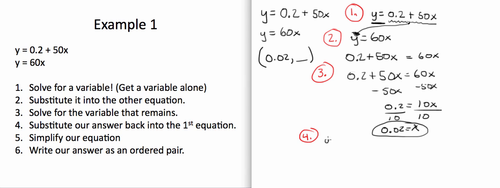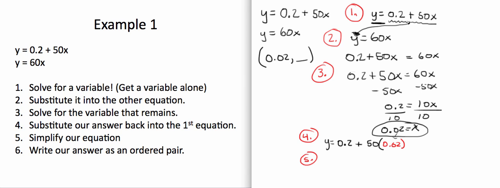So we have y is equal to 0.2 plus 50 times our answer of 0.02. Then we get to step 5, which is to simplify.